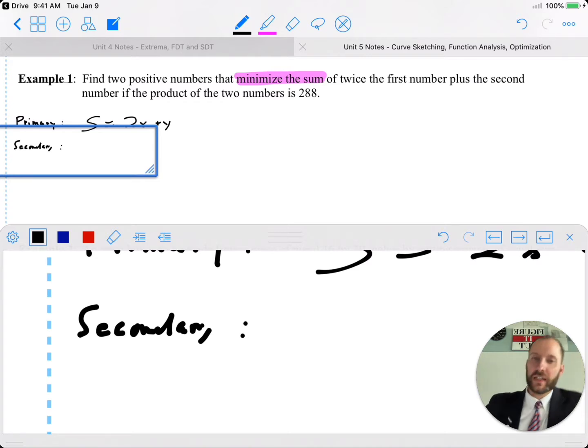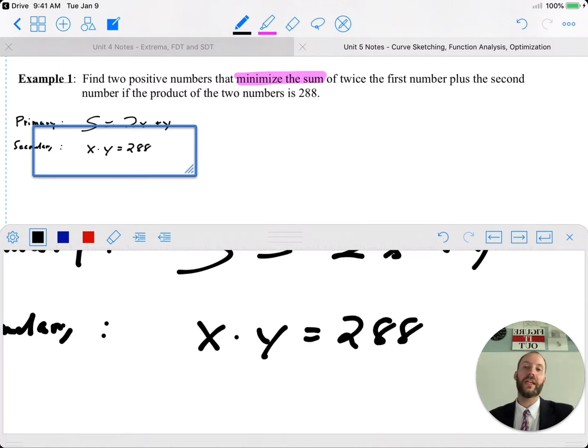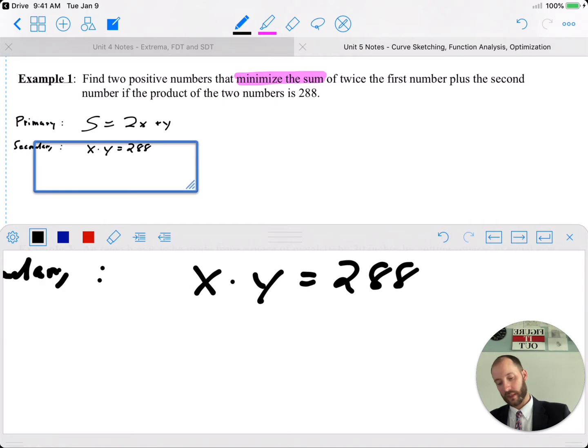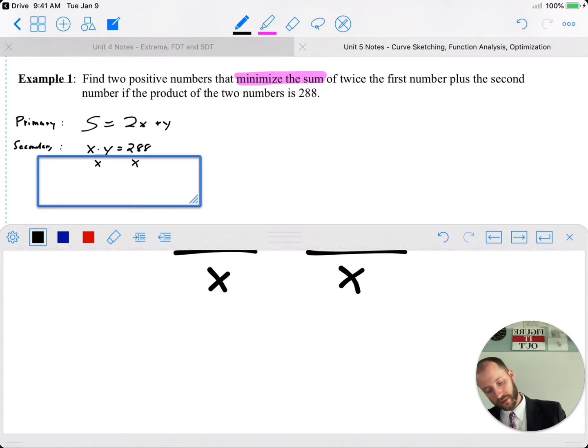So the product, multiplying x times y, is 288. Solve this equation for y. So divide both sides by x.